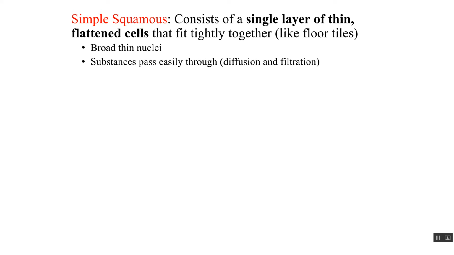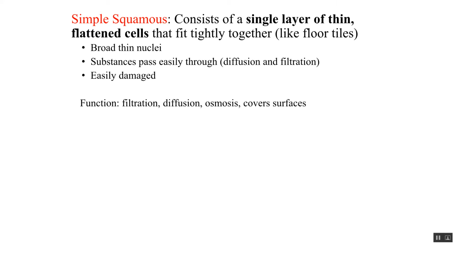Diffusion and filtration happens here. They are easily damaged. So why do we have these? What is the function? We need them for filtration, diffusion, osmosis, and it also covers surfaces. So locations, these are just some locations. This is not all of them.